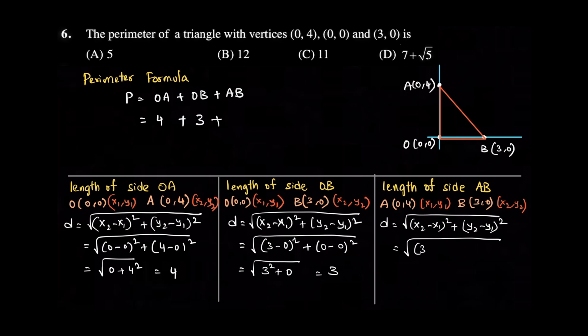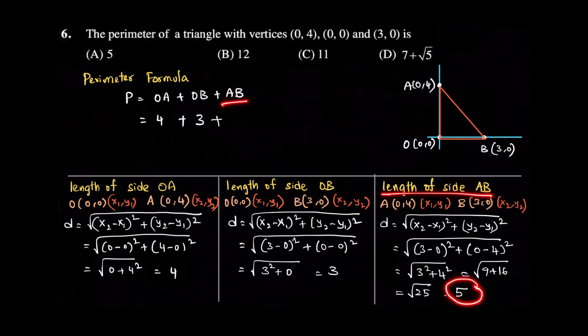Root over (3 minus 0) whole square plus (0 minus 4) whole square, that is equal to root over 3 square plus 4 square, which is equal to root over 9 plus 16, that is equal to root over 25. Root over 25 is 5. Therefore, the length of the side AB is 5 units.